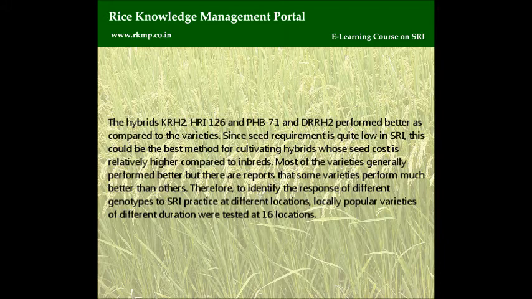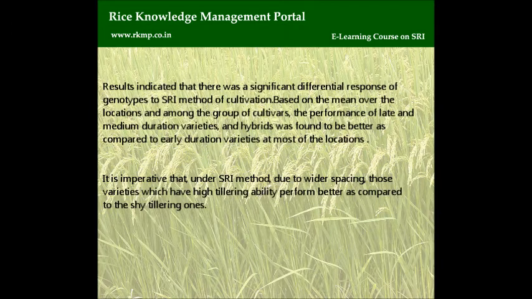Therefore, to identify the response of different genotypes to SRI practice at different locations, locally popular varieties of different duration were tested at 16 locations. Results indicated that there was a significant differential response of genotypes to the SRI method of cultivation.